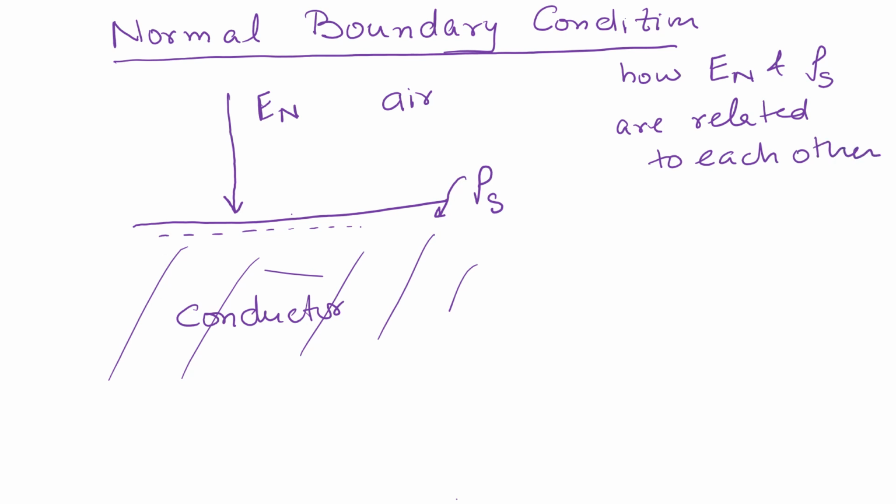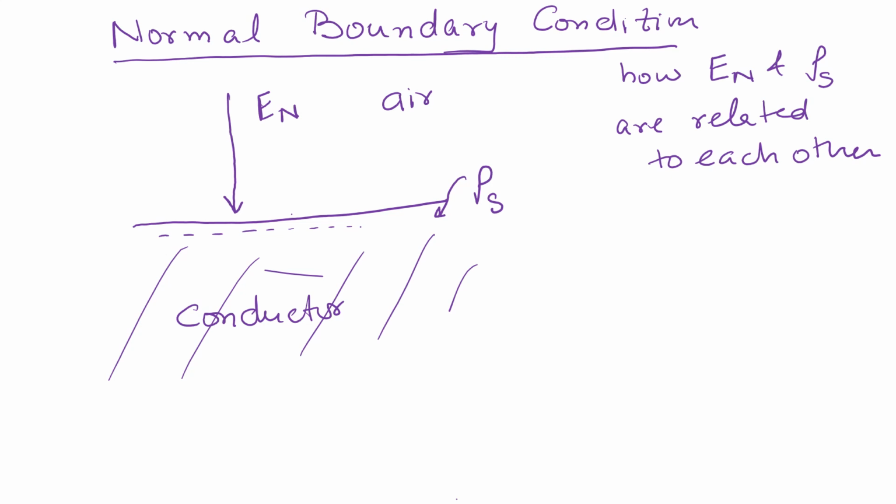This charge density and the electric field, again, remember we had previously said charge is the source of electric field. So the strength of the electric field would depend upon the charge, or if I have an electric field coming from outside, it would induce a charge, and that relationship would always have to be maintained.